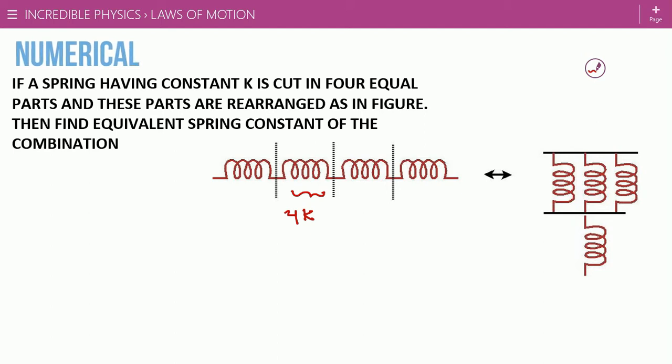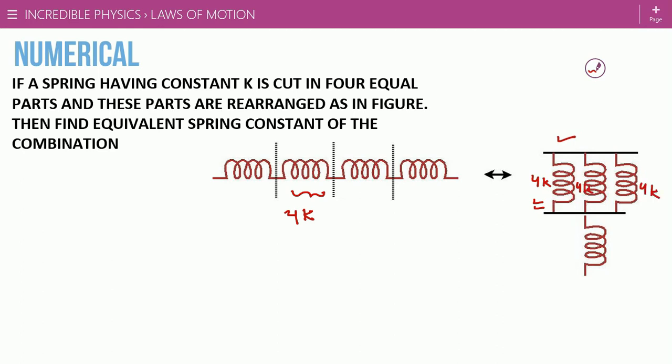So on the right hand side, we have to find the equivalent spring constant of the given diagram, where we can see 3 parts are connected in parallel combination, and after that one spring is connected in series with this combination. First of all, we have to solve the spring constant of this parallel combination. This is 4k, this is 4k, and this is as well 4k.